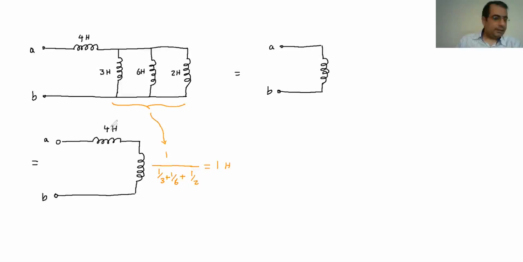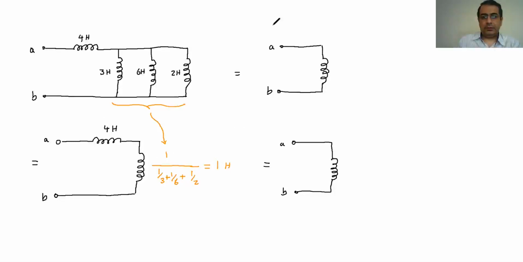And then if you look, these two are in series. So I can go ahead and say that this one is equal to A and B, and then we have 4 Henries here, and 1 Henry here.